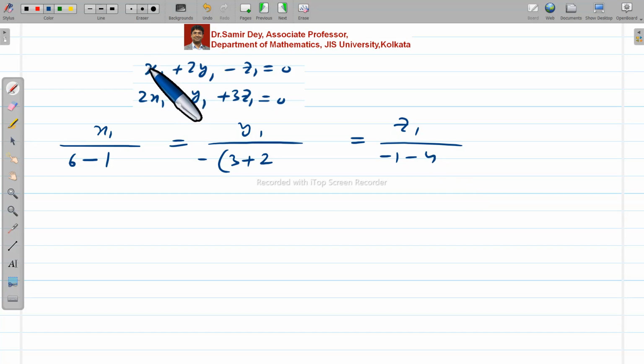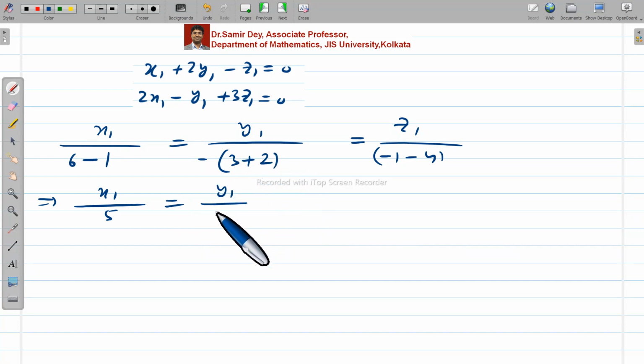When you are considering x, you need to calculate the y and z components. When you are considering y, except y, the x and z components, and for z, x and y. Clear?